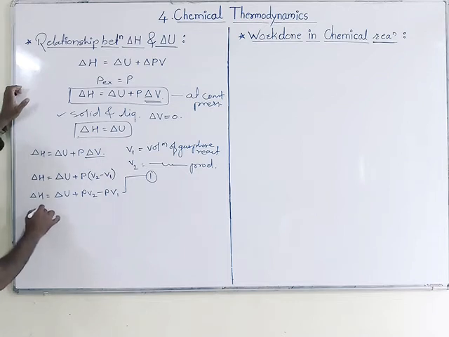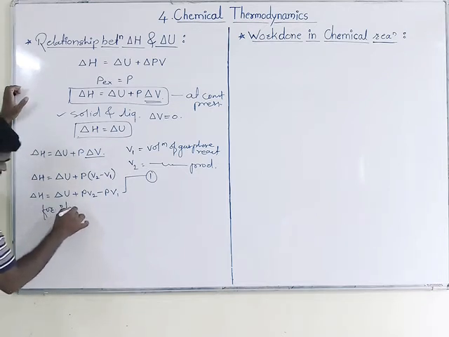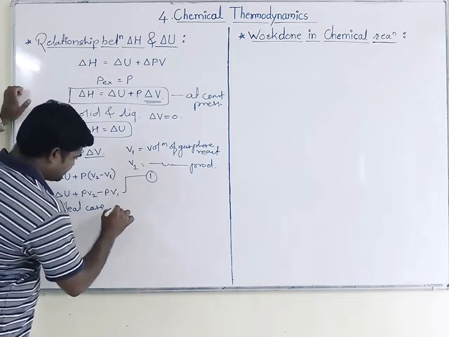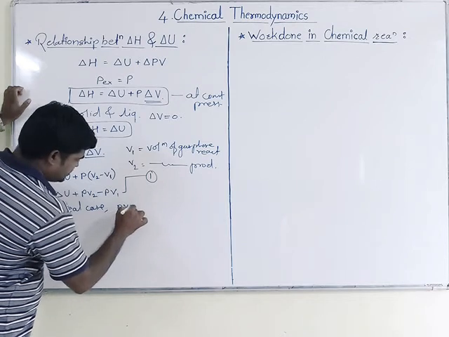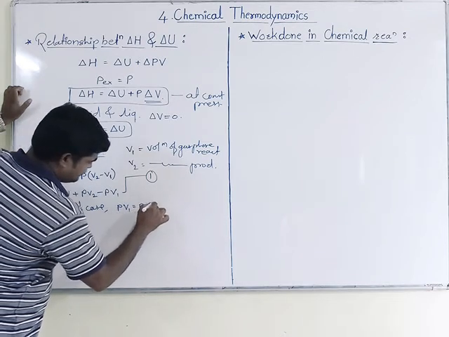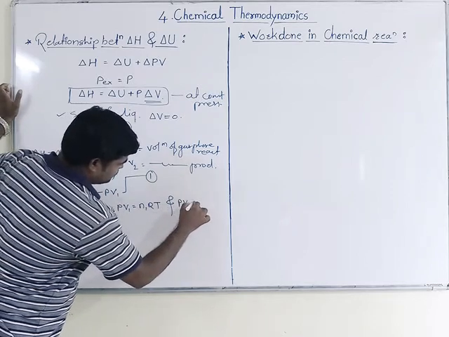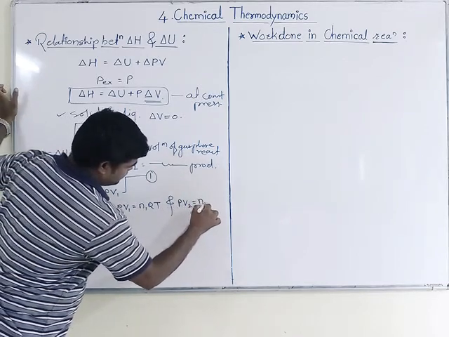For the ideal case, you will get two terms here: PV1 is equal to n1RT and PV2 is equal to n2RT.